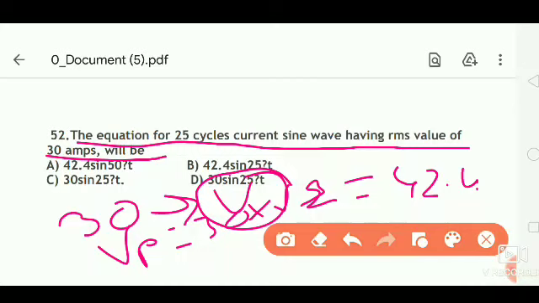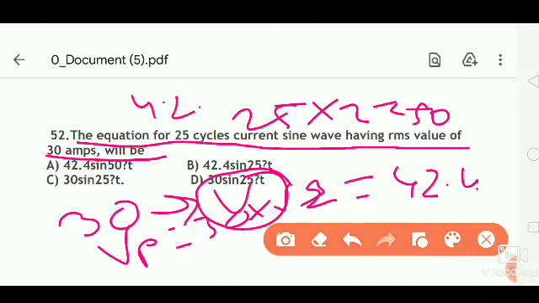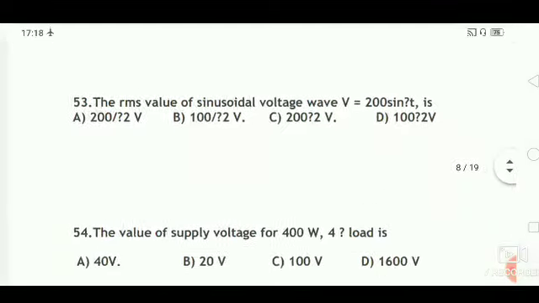And here the frequency is 25, so omega equals 2 into 25, which is 50. So A sin omega t means the waveform is 42.4 sin (2 into 25 t), that is 42.4 sin 50t. So here we get option A is the right answer.